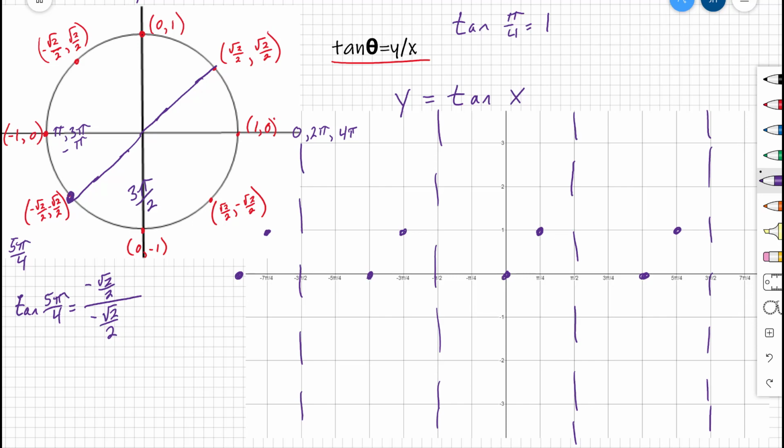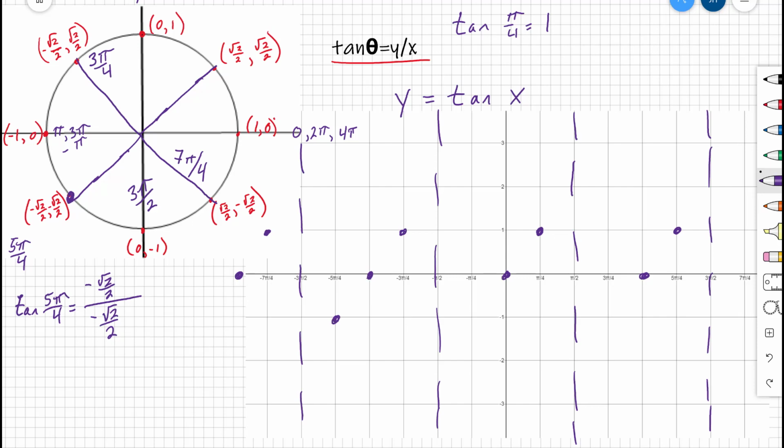Continuing around, over here at 3 pi over 4, as well as down here at 7 pi over 4, in these cases, our x and y values are opposites of each other. So whether it's negative square root of 2 over 2 divided by square root of 2 over 2, or square root of 2 over 2 divided by negative square root of 2 over 2, either way it's going to end up being negative 1.